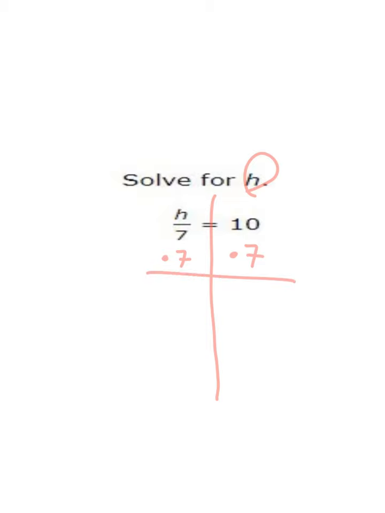When we multiply by the divisor, we will be left with 1h. It'll just kind of cancel out that divided by 7. 10 times 7 equals 70.